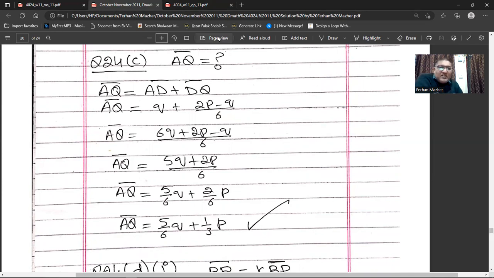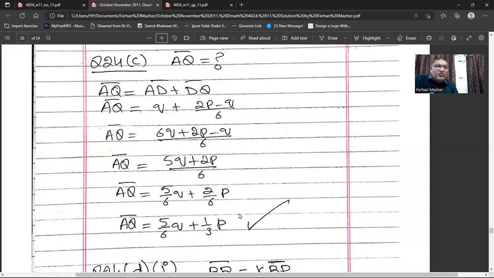That will be q plus (2p minus q), the whole thing divided by 6. So we will take the LCM: 6q plus 2p minus q, the whole thing divided by 6. So 5q plus 2p, the whole thing divided by 6. Separate this 6 for both, so you will have 5 by 6 q plus 2 by 6 p. So 5 by 6 q plus 1 by 3 p.